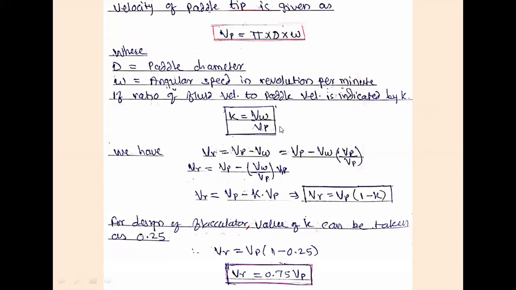If the ratio of fluid velocity to the paddle velocity is indicated by k, then k is equal to Vw, that is fluid velocity, to the paddle velocity Vp. Again, we have Vr is equal to Vp minus Vw.